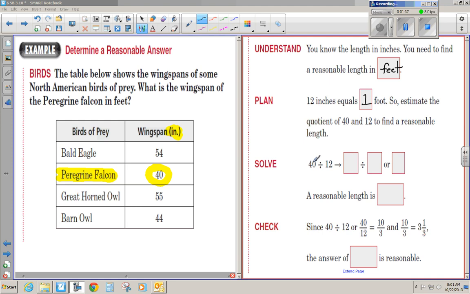Meaning, we're going to look at 40 and 12 and try to come up with some factors or a division problem that you know comes out evenly. Like 40 divided by 10, you should know right away is 4. So a reasonable length is 4 feet.